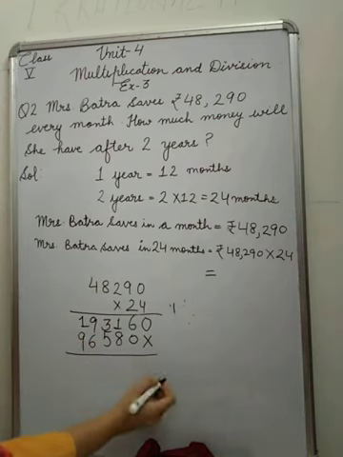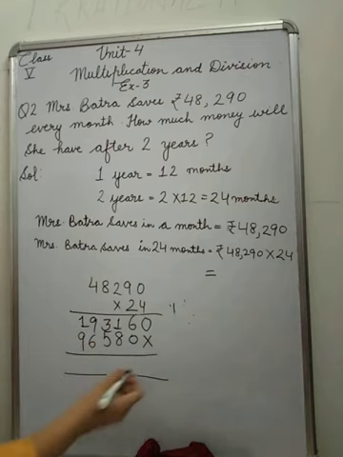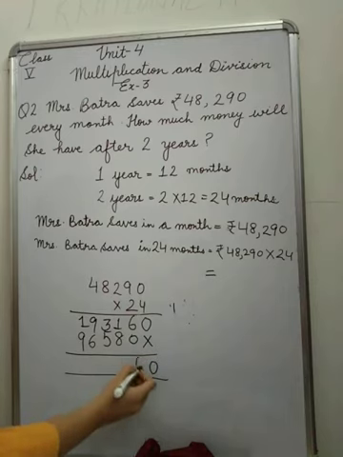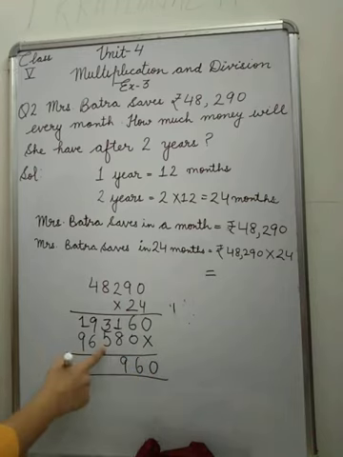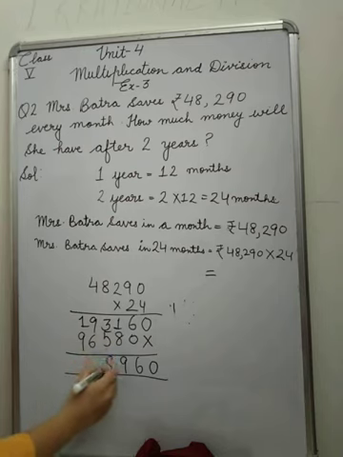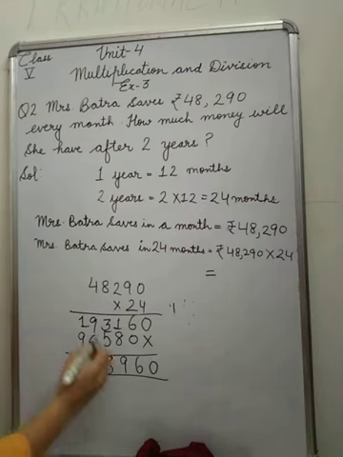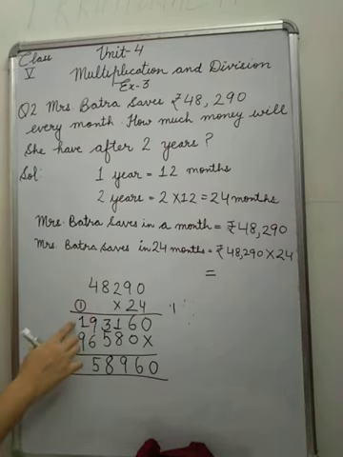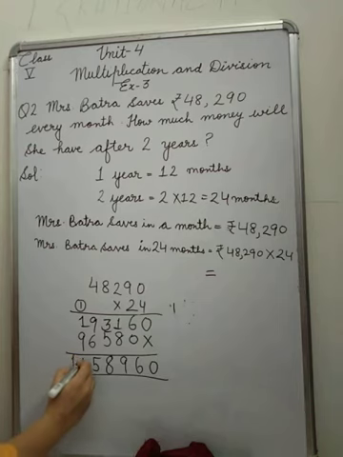Now you can add this. 0, 6, 9, 5, 6, 7, 8. So write 8 here. 9 plus 6 will be 15. So 1 here, 9, 10, 11. So write it here 11. So that much amount she will save after 24 months.